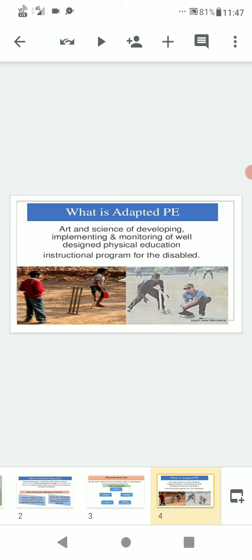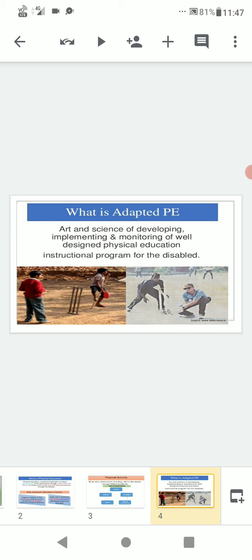So, meaning of adaptive physical education: it can be defined as a diversified program of developmental activities, games, sports and rhythms suited to the interest, capacities and limitations of students with disabilities who may not safely or successfully engage in unrestricted participation in the general physical education program.